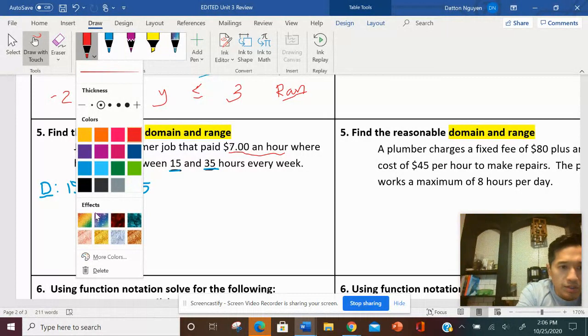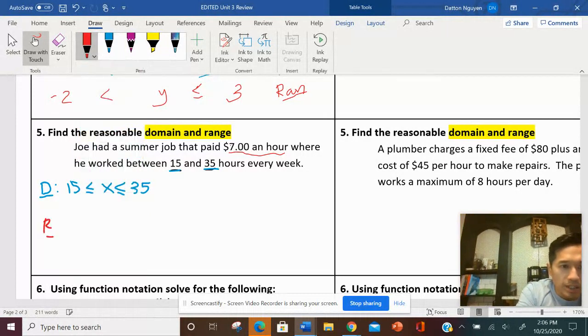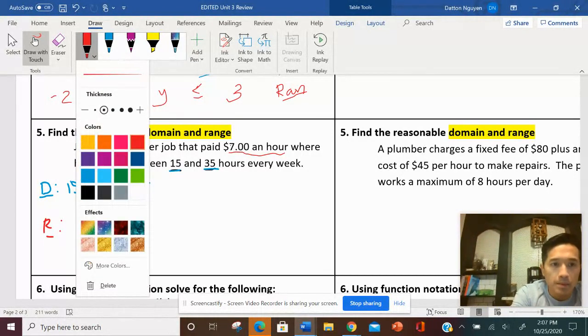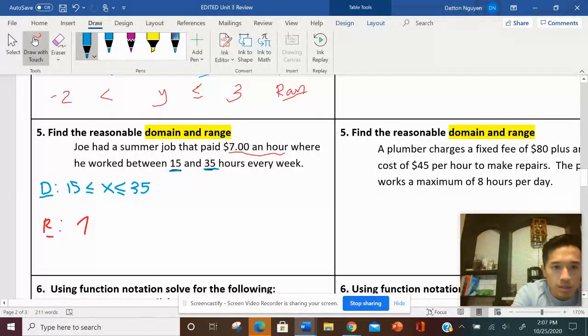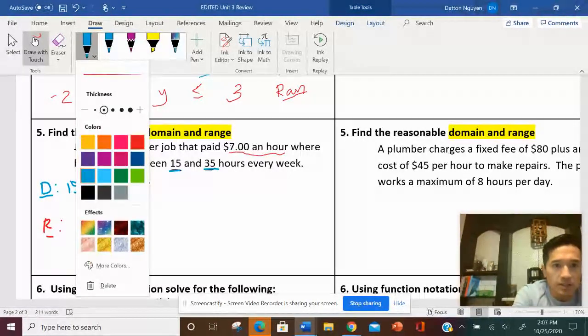So my range is actually going to be an equation. I can work, I'm going to earn $7 for every hour that I work. So that's 7 times x. So what is that going to give me?